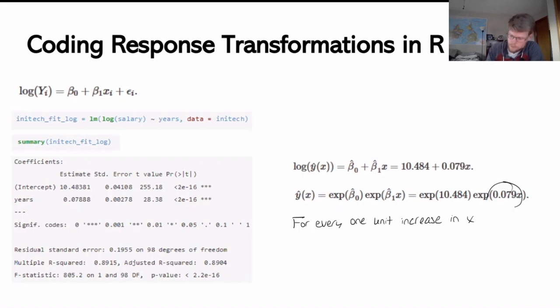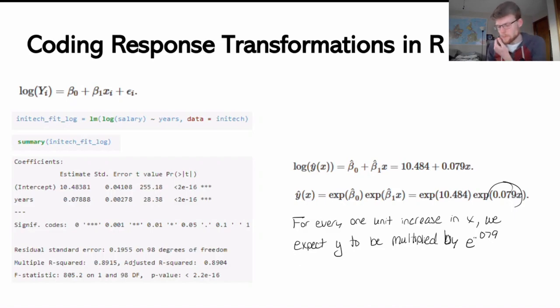we expect y to be multiplied by e to the 0.079. So in other words, if we have some value for y at a particular x value, maybe it's a y hat value, right?